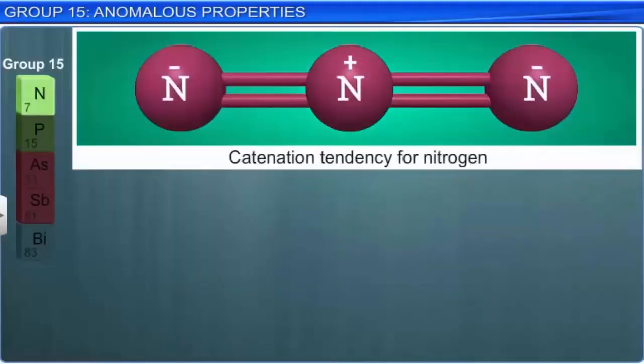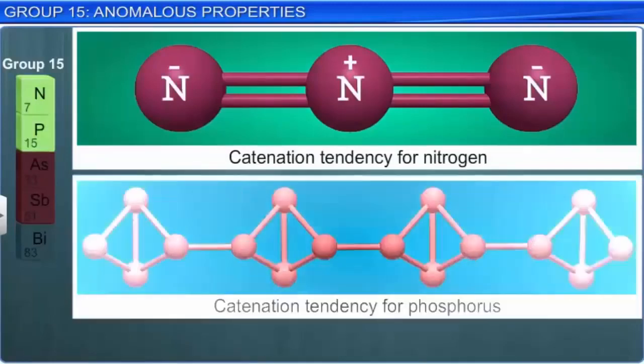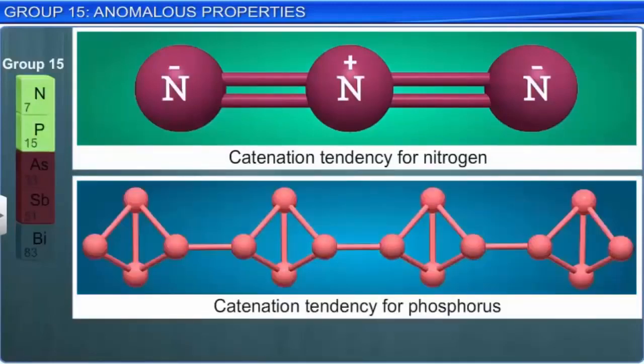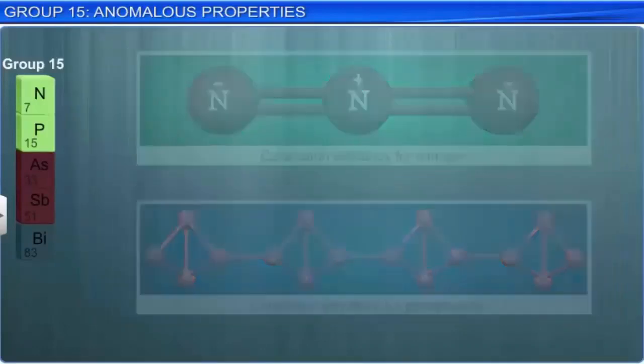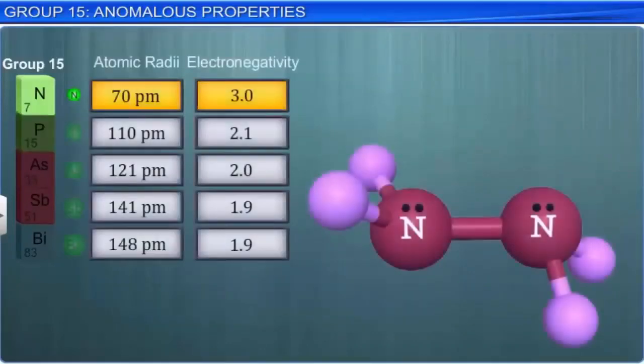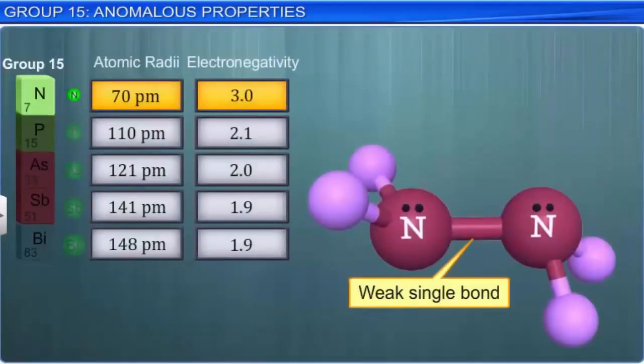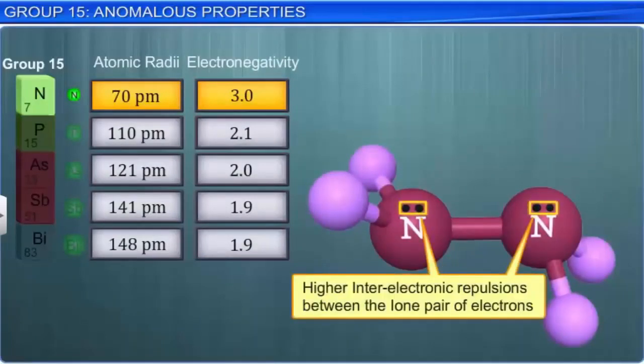The catenation tendency is less for nitrogen when compared to the other elements of the group. This is because the single bond between nitrogen atoms is much weaker owing to the higher interelectronic repulsions between the lone pair of electrons present on the nitrogen atoms.